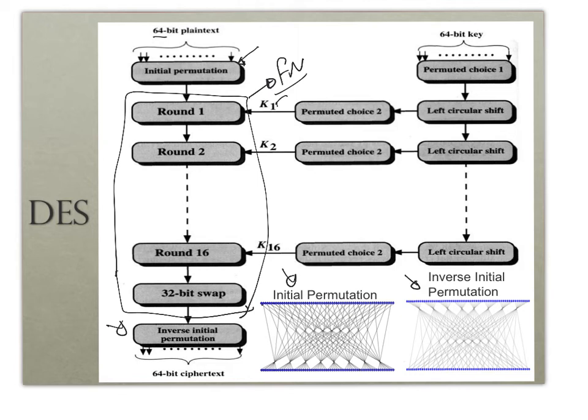So this is key 1 and key 2, which is based on the sub-key generation algorithm. One thing we notice here is that we have the key as 64 bits, but we said that the key is 56 bits. In fact, 8 of these bits are parity bits.